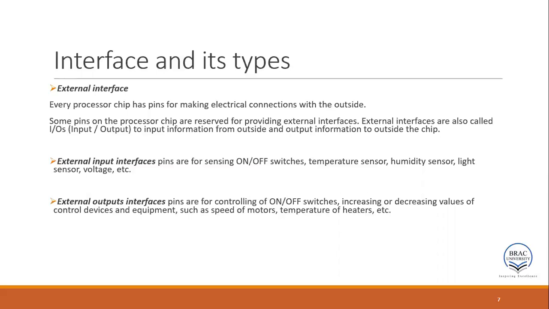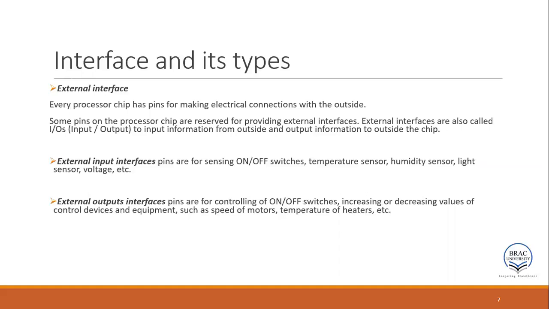Next one is external output interfaces. I have already discussed the monitor, which is not an internal component and is connected externally with the CPU and gives output to the outside world from the CPU. So it is an external output interface.